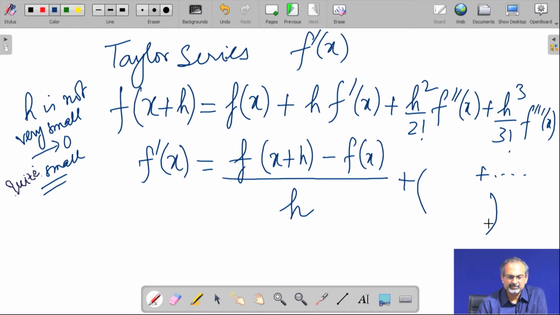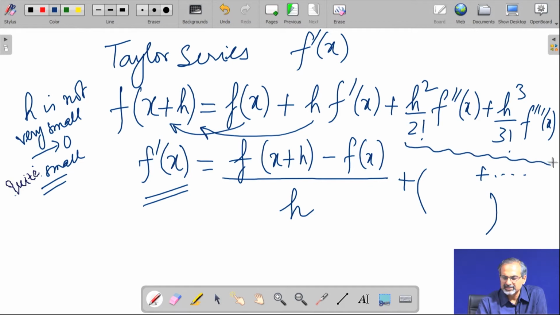What have I done over here? I have written an approximate expression for f dash x by transposing f x to the left hand side, dividing it by h, so that I can have an expression for f dash x, but then I am left with more terms here which also have to be divided by h, and then they all figure over here. So, if you look at what is left, you can see that there will be terms.